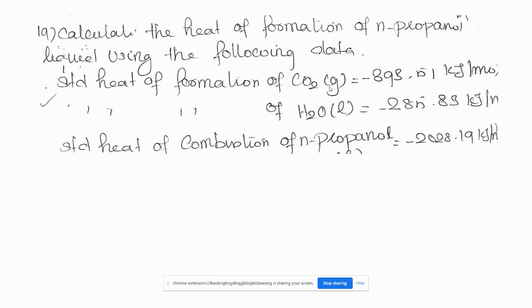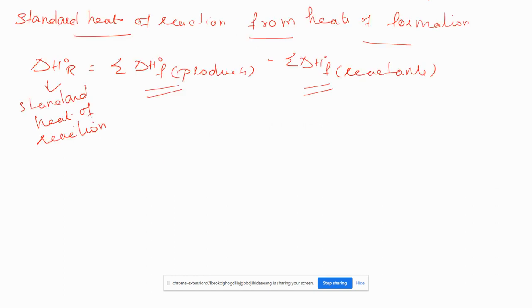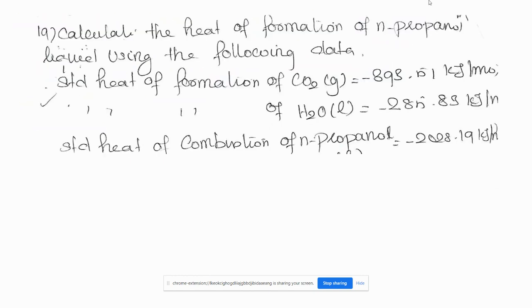So the first problem under this is we have to calculate the heat of formation of N-propanol liquid using the following data. They have given the standard heat of formation, del H1: the standard heat of formation of CO2 is minus 393.51, and the standard heat of formation of H2O is minus 285.83, and the standard heat of combustion of N-propanol is minus 2028.